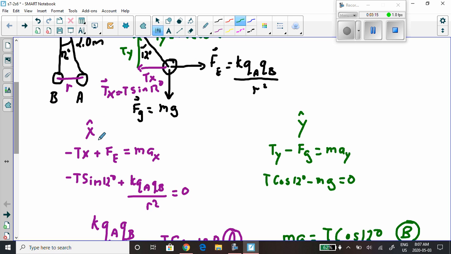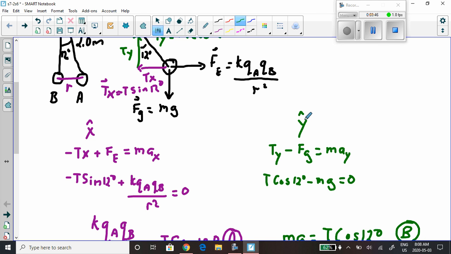Now, we have to do Newton's second law in the x direction and in the y direction. And I'm going to drop vector notation here. Notice there's no vector signs. I'm going to put in the direction myself. That's why I've got negative tension x, plus force electric, which I know is in the positive direction, is equal to the mass times acceleration in the x direction.